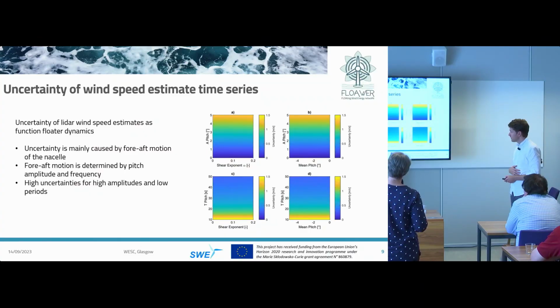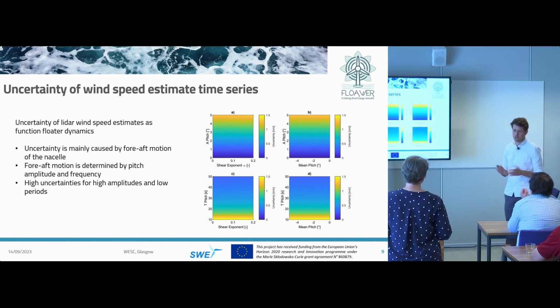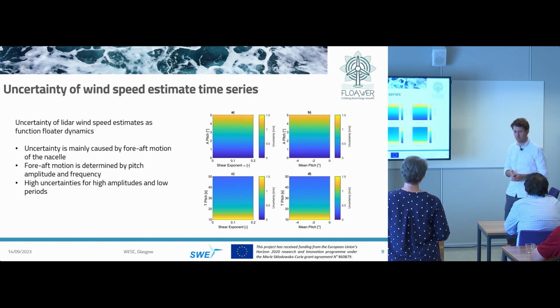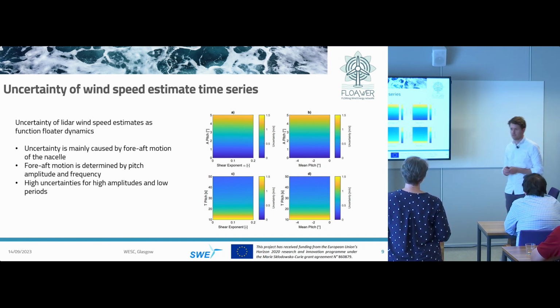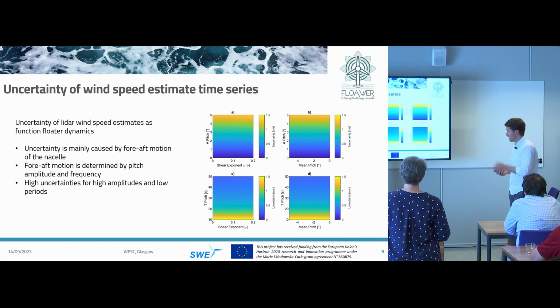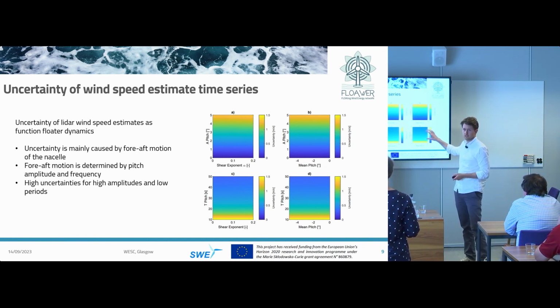We didn't look into turbulence intensity specifically, because that opens up another topic of measuring turbulence intensity with a lidar, and there are different questions. But of course, you can think of this uncertainty also as a representation of turbulence intensity.